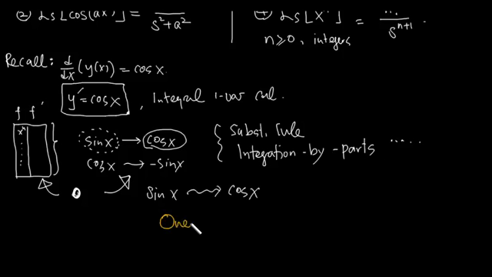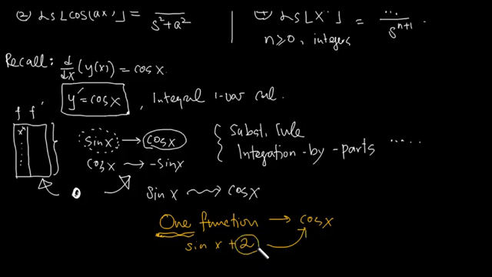Here's one function, just one function we found, whose derivative is cosine x. And if the question is, are there more functions? All of you know the trick. I know another function is sine x plus 2. If you differentiate that one, you still get cosine x, and whatever constant you put in there, it's going to be cosine x.